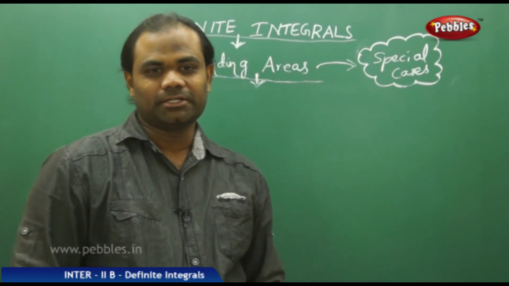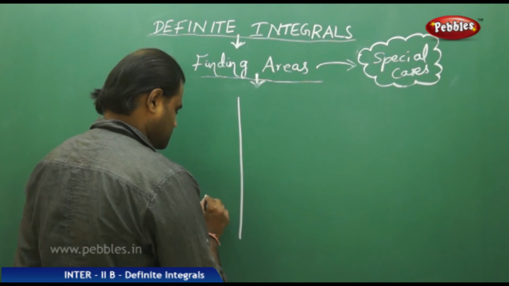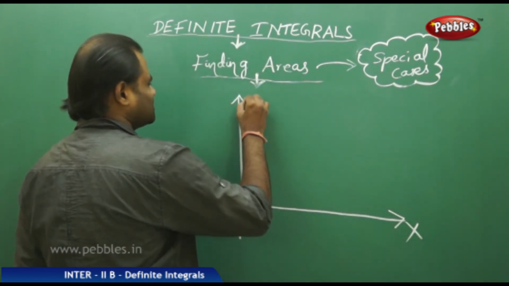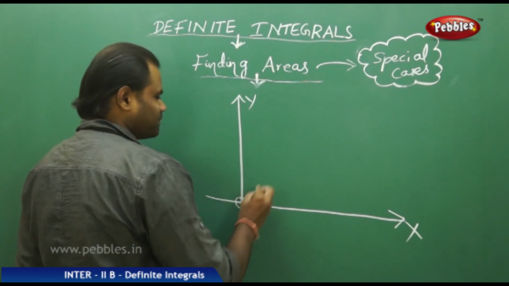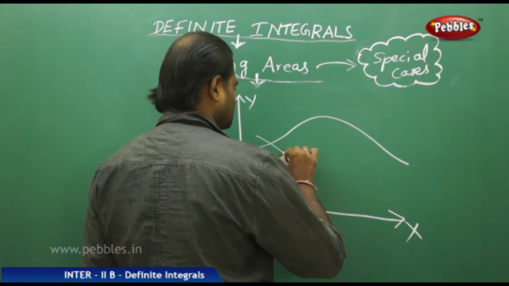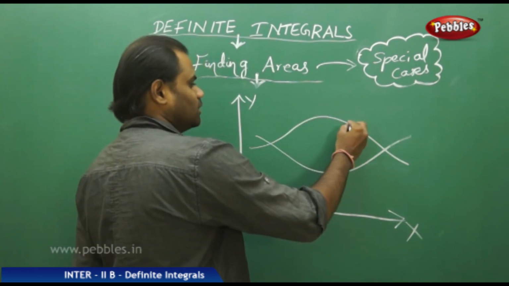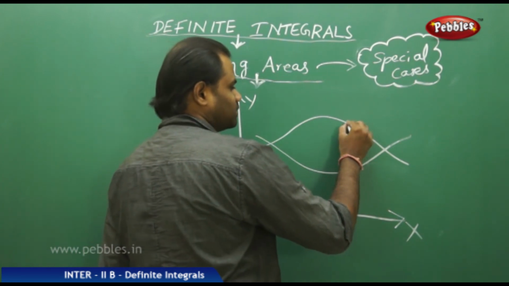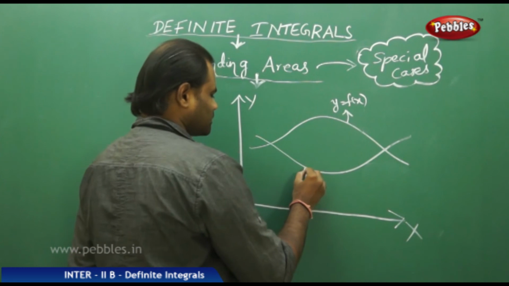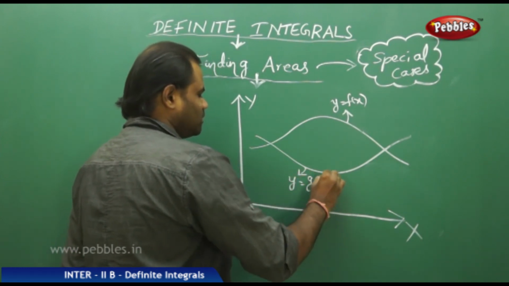Now let's see the next special case, which is, suppose I have x-axis and y-axis and origin through which there are two curves. Suppose one of the curves is given by the equation y equals f of x and the other by y equals g of x.